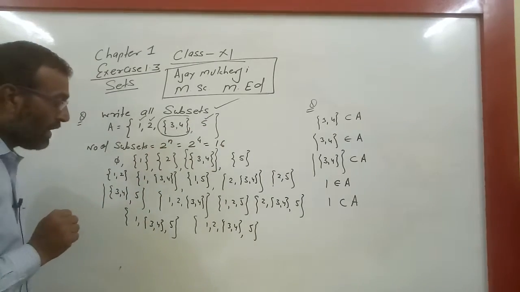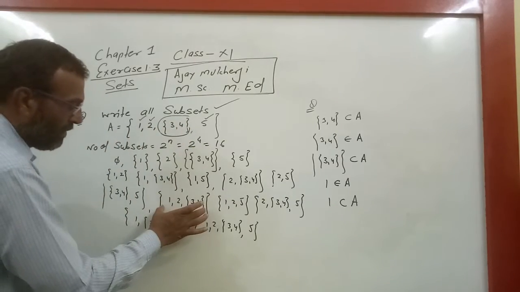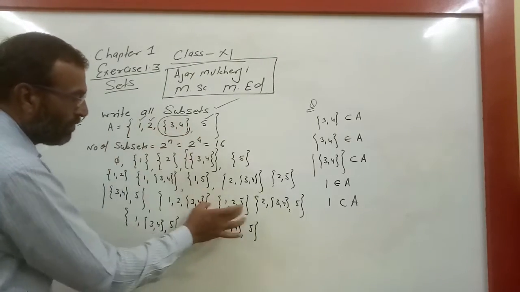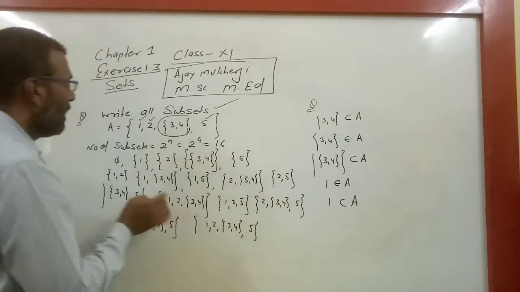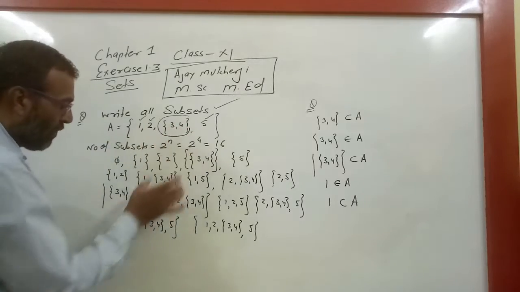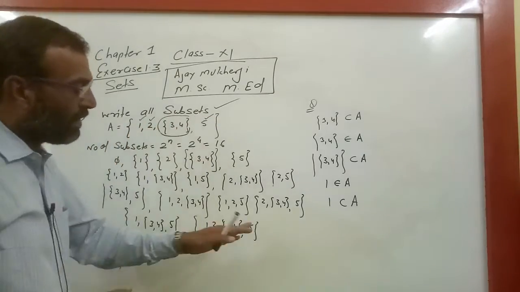Now the next case, three together: {1, 2, {3, 4}}, {1, 2, 5}, {2, {3, 4}, 5}, then {1, {3, 4}, 5}, and at last {1, 2, {3, 4}, 5}, all four in the bracket.